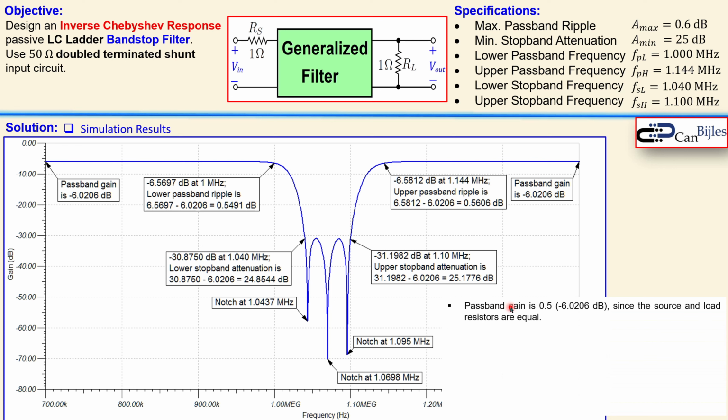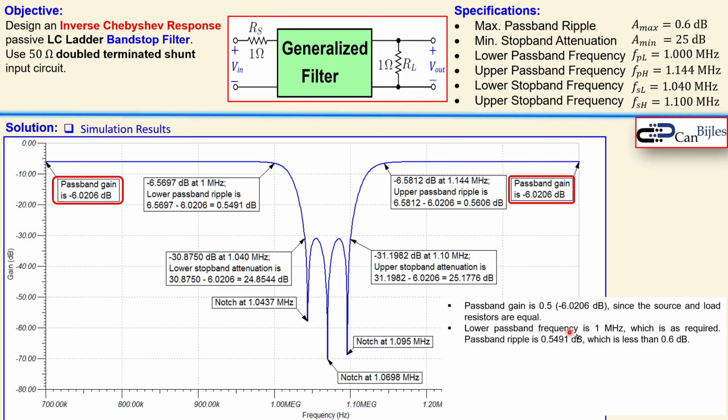The passband gain is 0.5 because the source and the load are exactly the same, so at the passbands, at the very low frequencies and the very high frequencies, you get 0.5 as the gain, which is approximately minus 6.02 dB. That is verified using these two labels. The lower passband frequency at 1 megahertz is shown here.